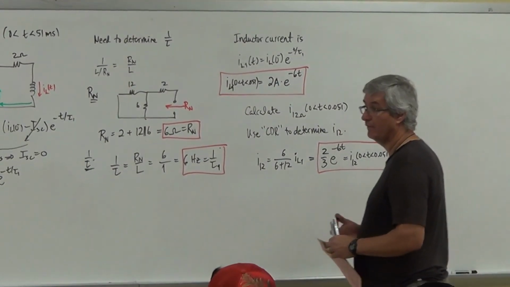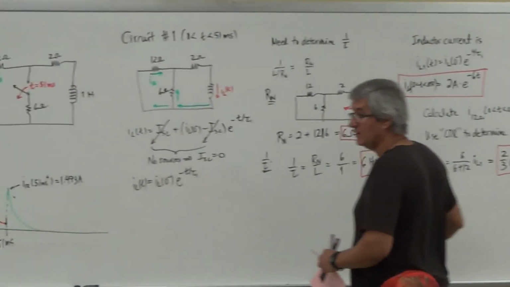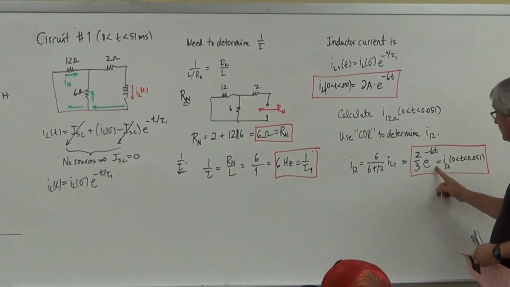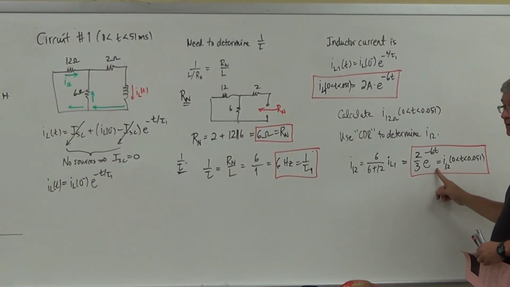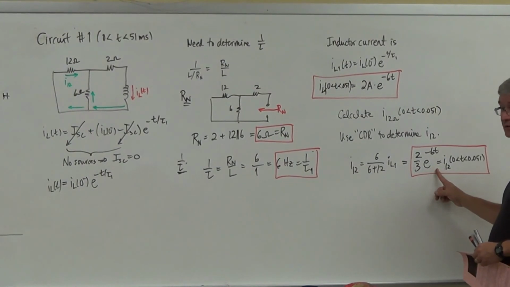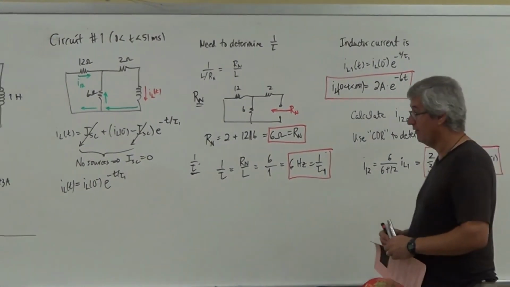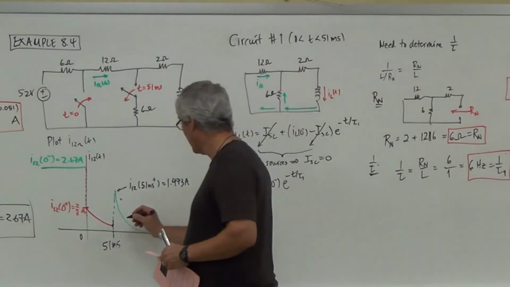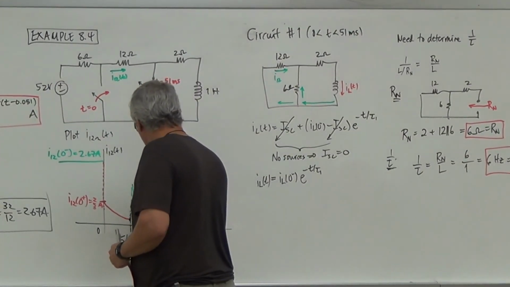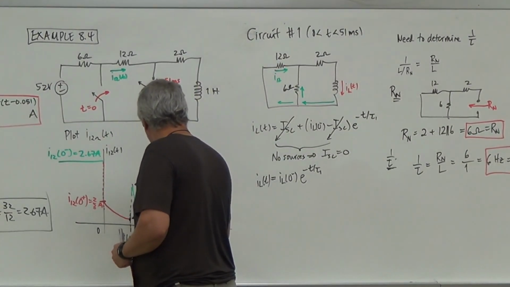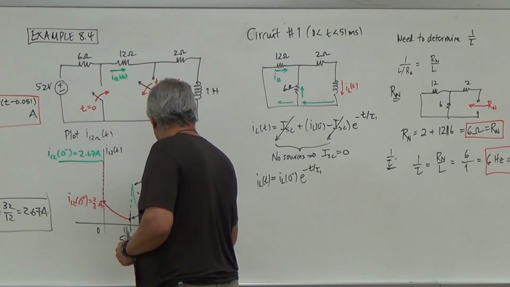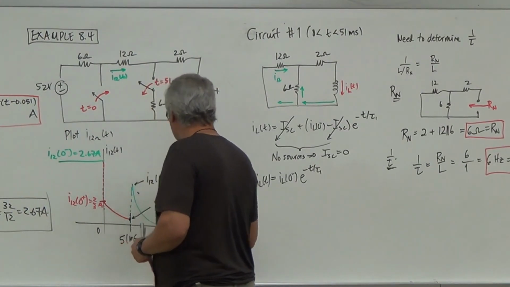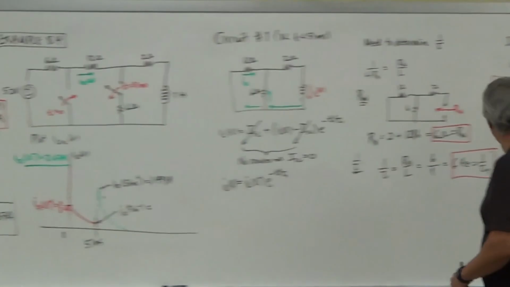Doesn't it get the bottom value of that? It's not the same guy, because it's a resistor. Resistor current can change. So in this case, I would look at this value here, and I would say that I-12 at 51 milliseconds minus, I would have to calculate this.